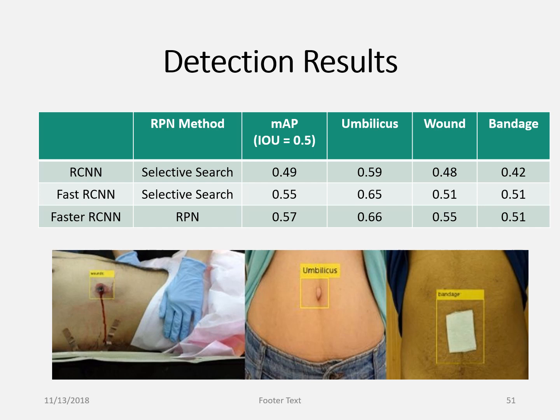So, results. I'm going to discuss the results for faster RCNN in detail, since we have already seen how fast and RCNNs compare. There's a decrease in all three levels of it. I'll give a brief discussion of umbilicus, wound, and bandage. The MAP for umbilicus is the highest. I know this is because of the high number of training images for umbilicus, which is at least twice the images for bandages and wounds.